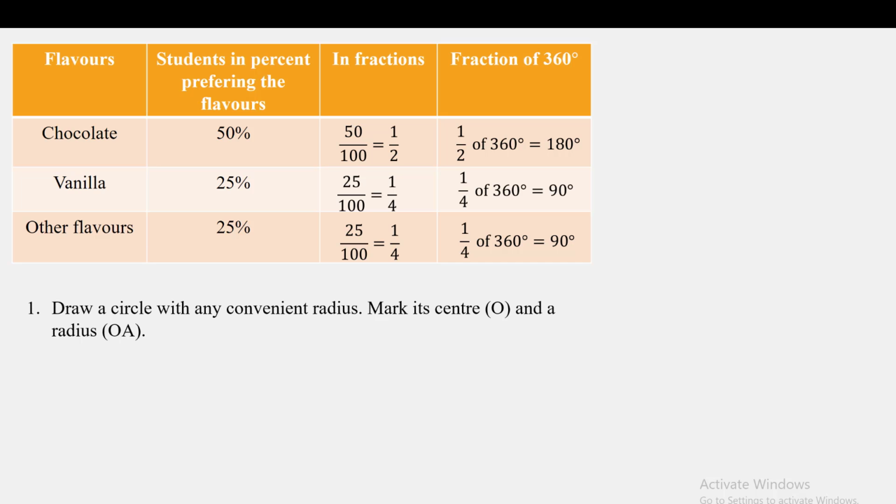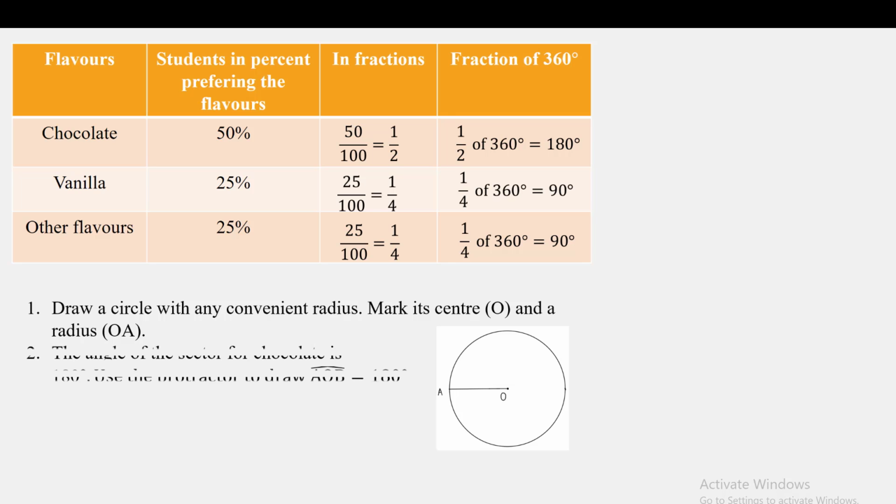1. Draw a circle with any convenient radius, mark its center O and a radius OA. 2. The angle of the sector for chocolate is 180 degrees.